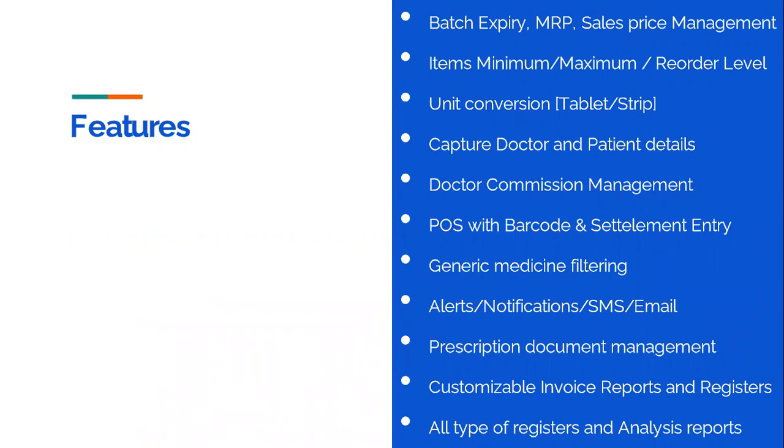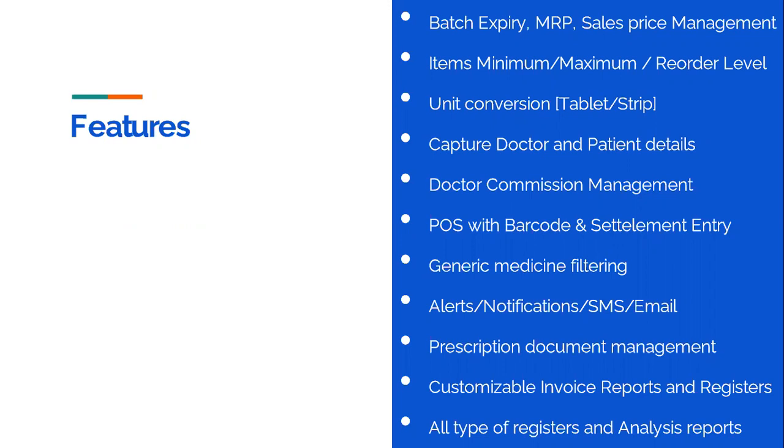Generic medicine filtering. It is a very important thing for every pharma industry, because some patients visit the medical shop and they need XYZ medicine, but that shop doesn't have that medicine. They have some other manufacturer's medicine.